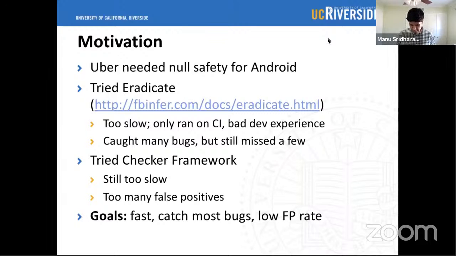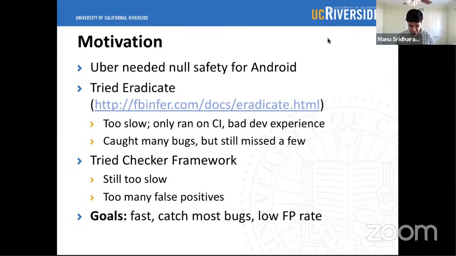So the first tool that was tried at Uber was a tool called Eradicate, which is actually part of the Facebook Infer system. And it worked well in terms of they invested a lot of effort, and actually using that tool got the null pointer exception rate way down.